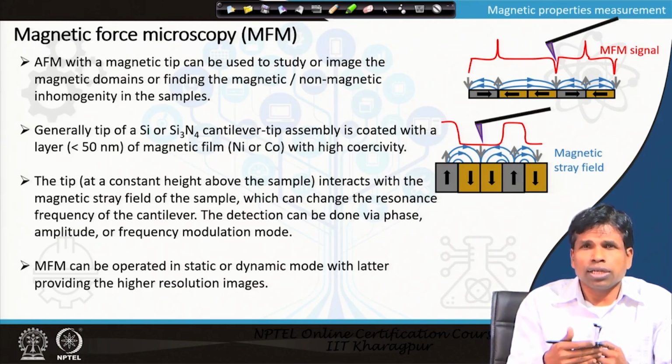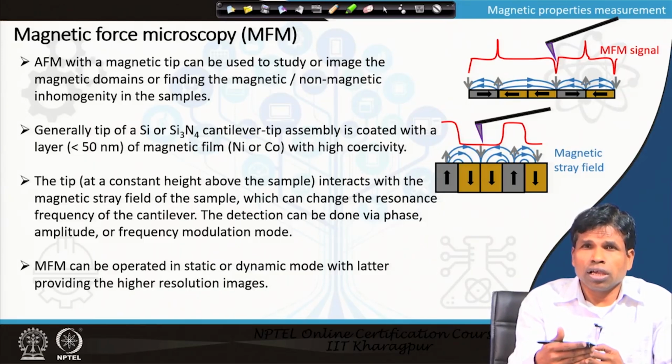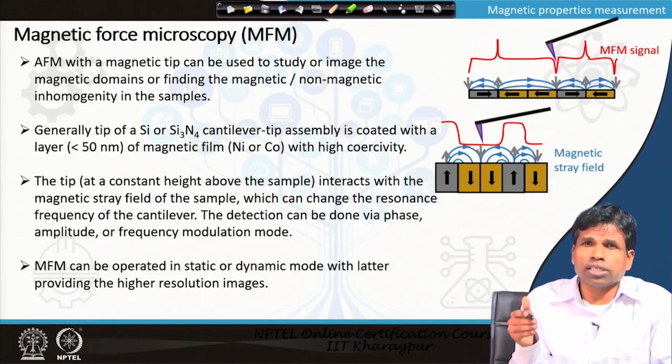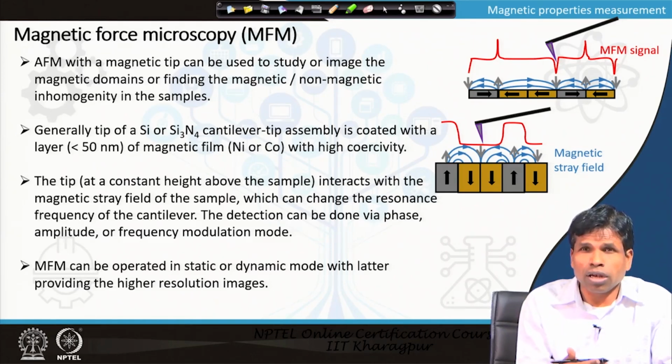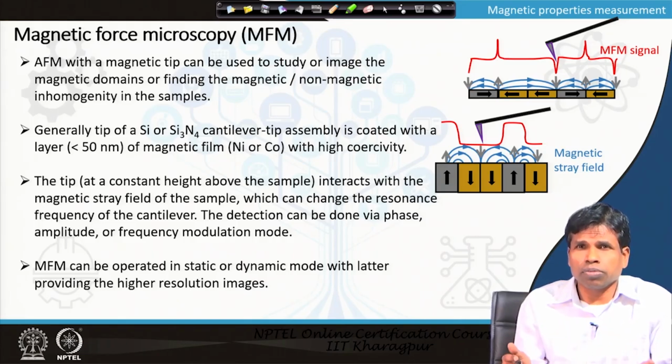Now, the magnetic tip is even much further from the sample, approximately above 10 nanometer. So, between 10 nanometer to 100 nanometer a scan is done above the sample to study the magnetic field of the specimen, and the stray magnetic field generated on the sample surface can be detected by three different processes: phase, amplitude and frequency.